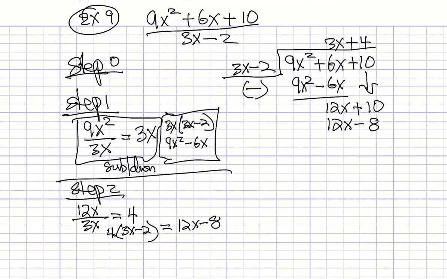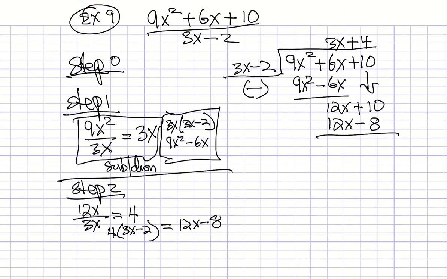Okay, so you subtract. The first term becomes 0. The second term becomes plus 10 plus 8. That will be plus 18. Okay, so we don't have anything to bring down.